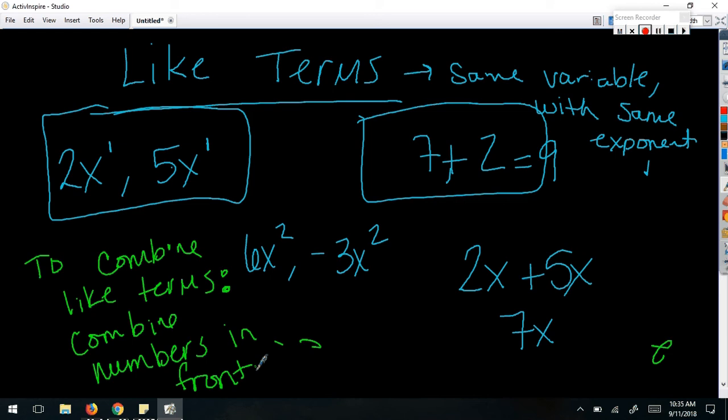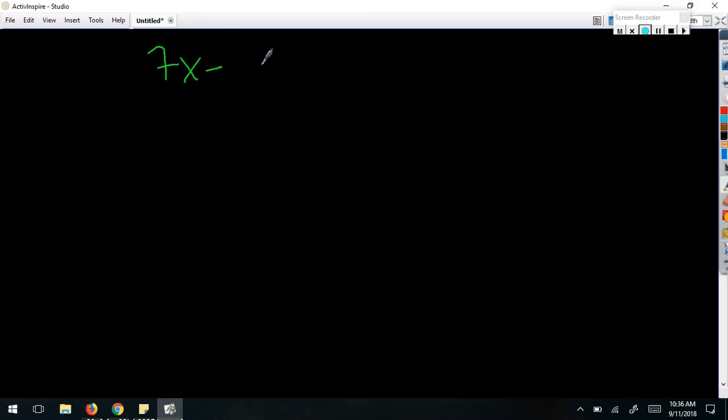So, Miss McGee, why are you telling me all this about like terms? Okay? Let's say we have something that looks like this. So I have an equation with more than 1x.